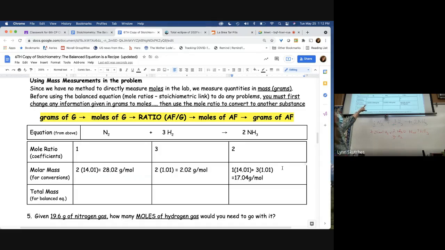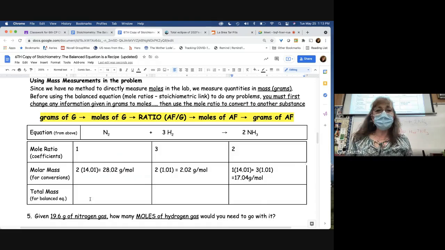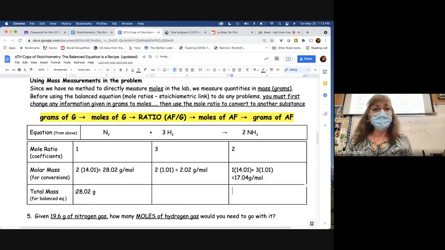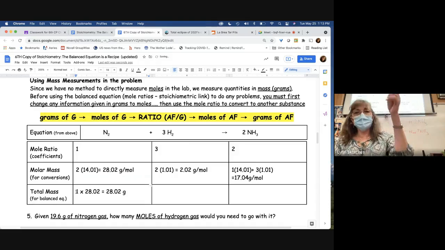So if you look, that's 28 and 2, that's 30 grams. That doesn't equal 17. Did I lie to you? Nope, not this time. 1 times 28.02 is 28.02, right? That's a coefficient of 1.